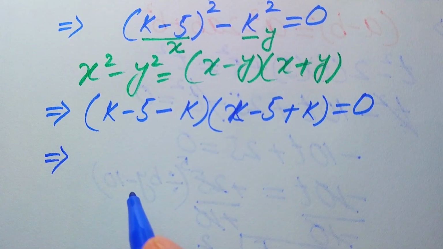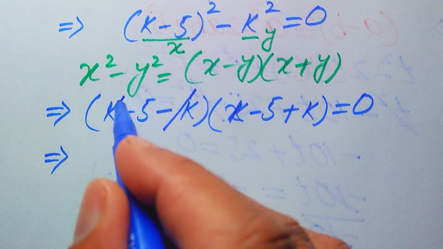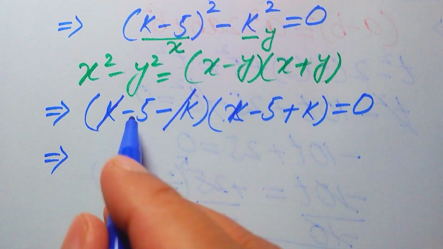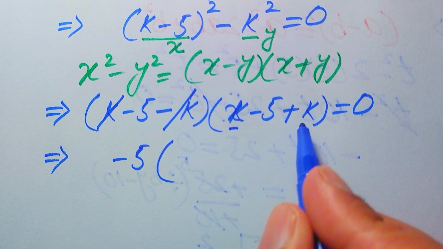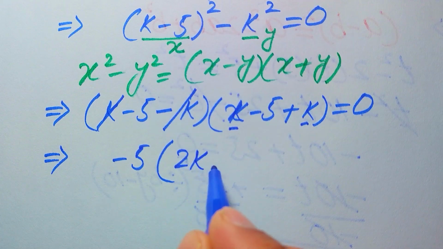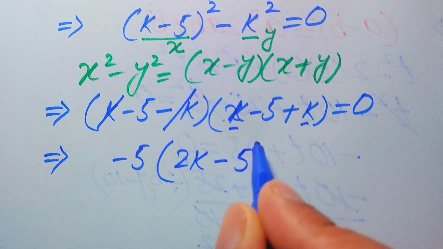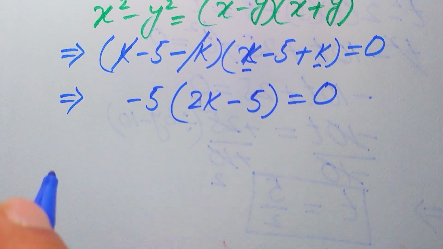Now in the next step we simplify the terms. This negative k and this positive k cancel out by each other, and we obtain minus 5 into, from here, k plus k are like terms, and when we add these two terms we get 2k minus 5, and this whole equation is equal to 0.